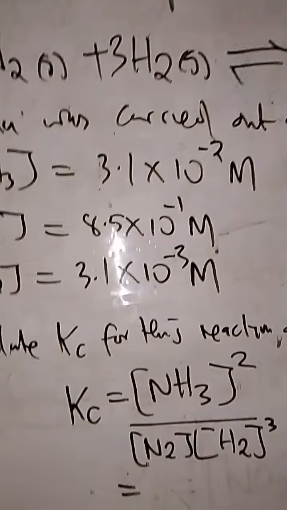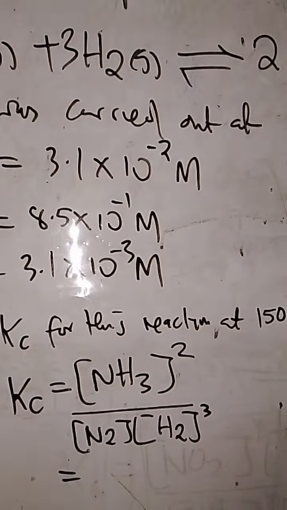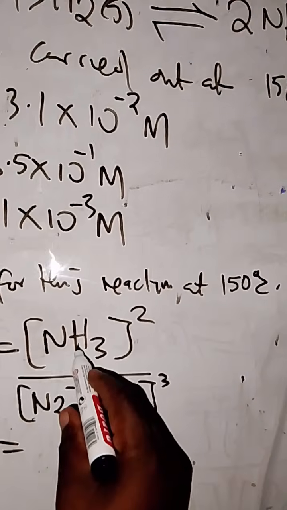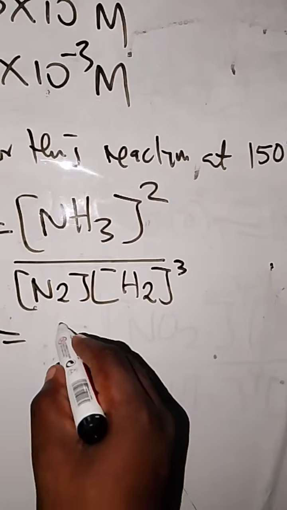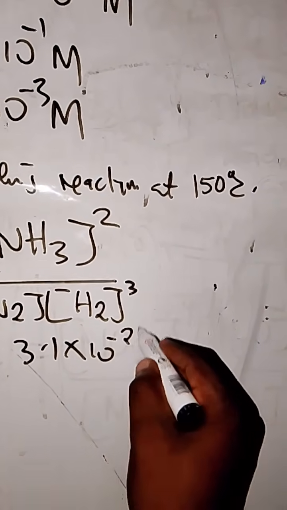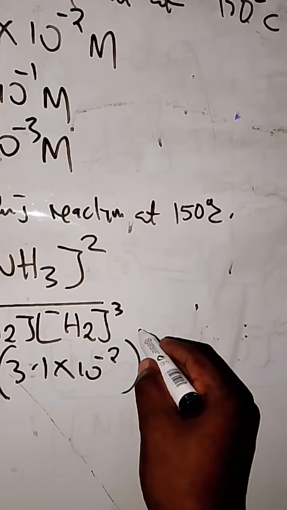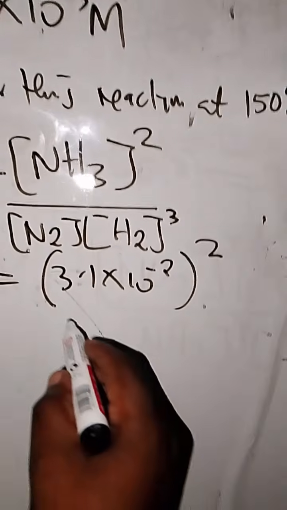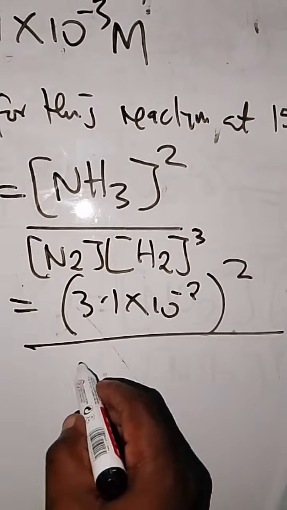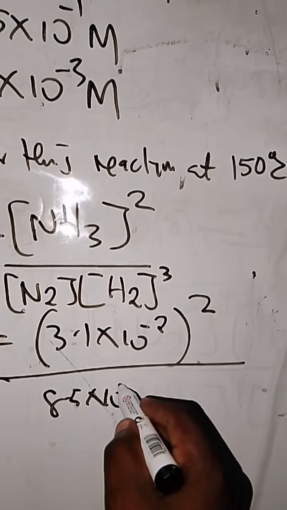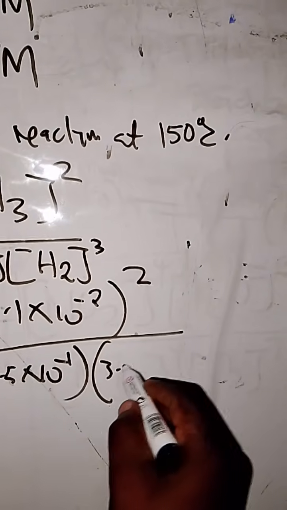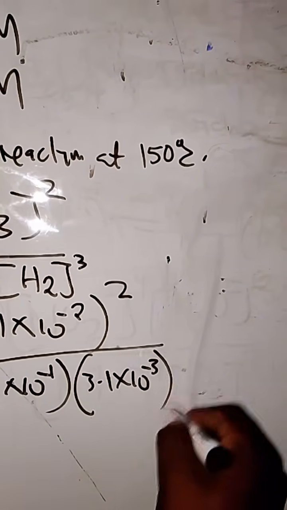Then we substitute the equilibrium concentration of ammonia, which is 3.1 times 10 to the power negative 2, squared, over the concentration of nitrogen, which is 8.5 times 10 to the power negative 1, times the concentration of hydrogen, which is 3.1 times 10 to the power negative 3, cubed.